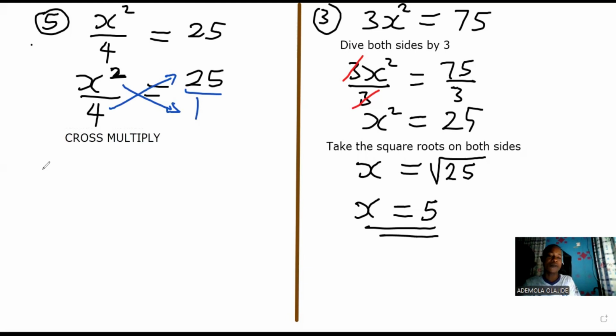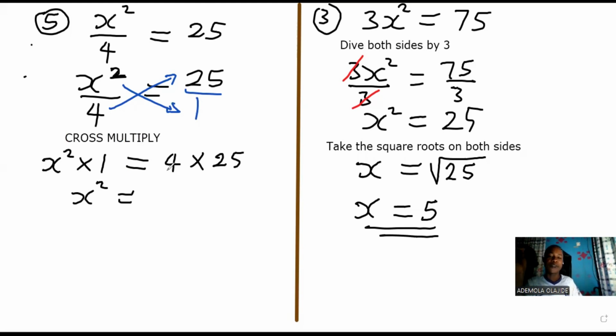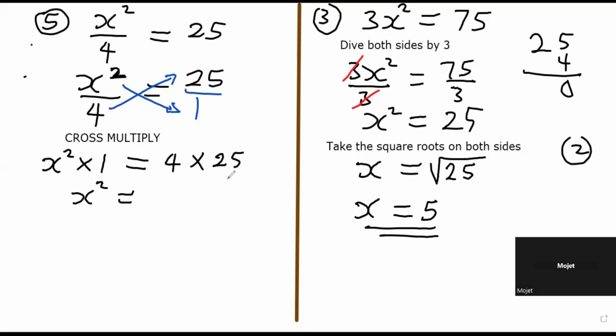So we now have x squared times 1, then don't forget your equal sign in the middle, then 4 times 25. x squared times 1 gives you x squared equals 4 times 25. If you don't know it offhand, you can work it out. 4 times 5 is 20, we keep 2. That's 100.